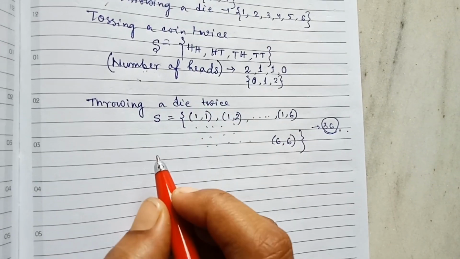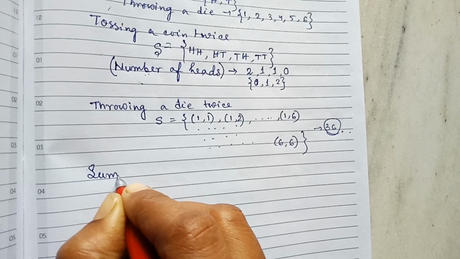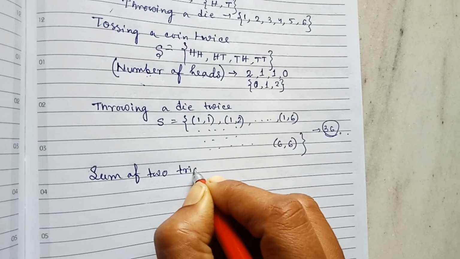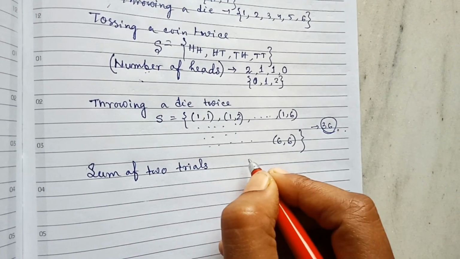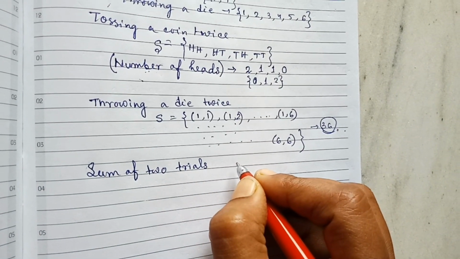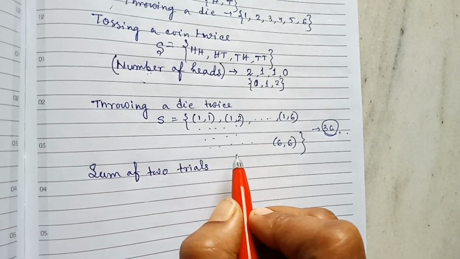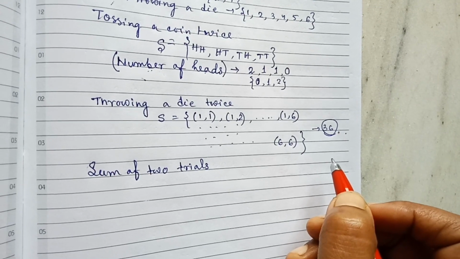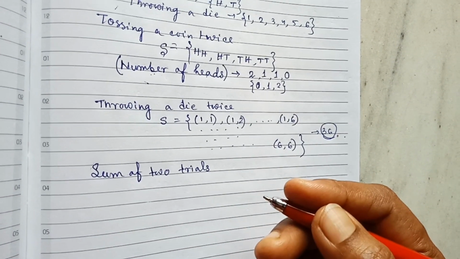Here also, suppose we are going to find the sum of two trials. We are not fixing that the sum of two trials is 5 or 7. If we fix it, then it will again be the same particular sample points. But we need to get values that can vary.